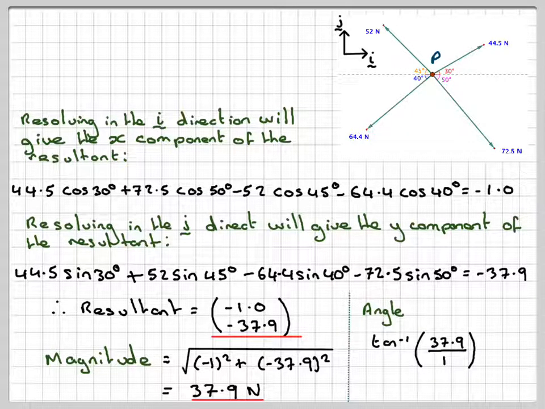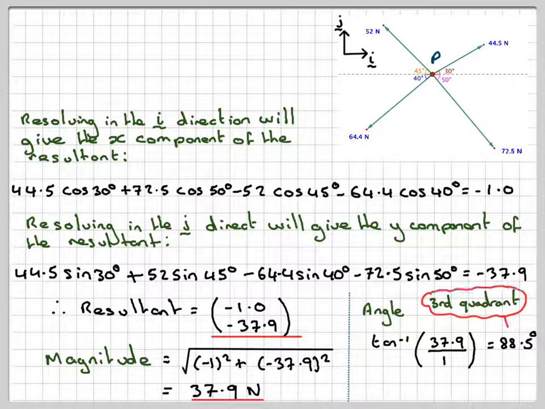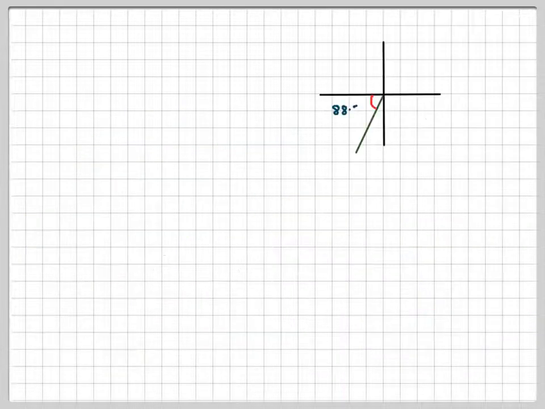So we need to do tan to the minus 1 of the y component divided by the x component. Okay, so tan to the minus 1 of 37.9 over 1. We can make it positive because in here tangent is positive. That gives 88.5 degrees.